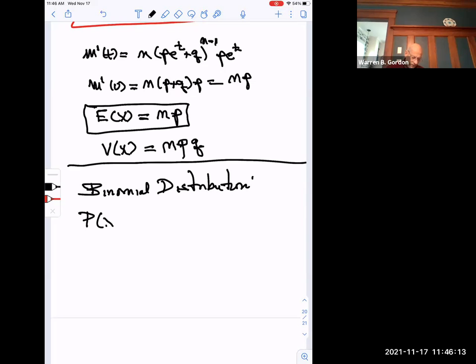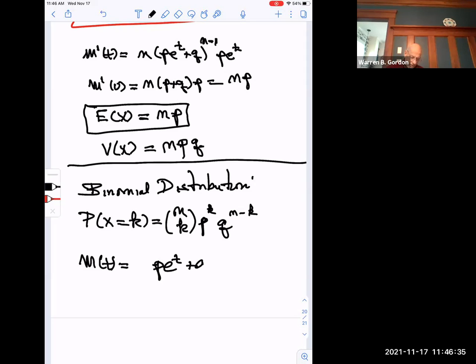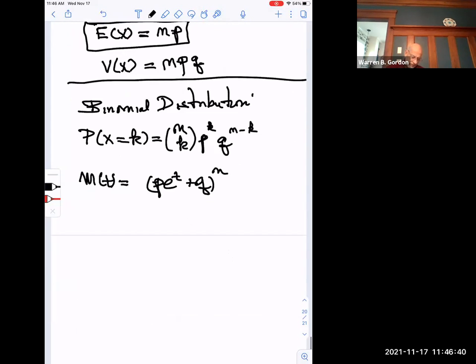P of X equal K is n choose K, P to the K, Q to the N minus K. It's P e to the T plus Q, to the N, is its moment generating function. E of X equals NP, and V of X equals NPQ.